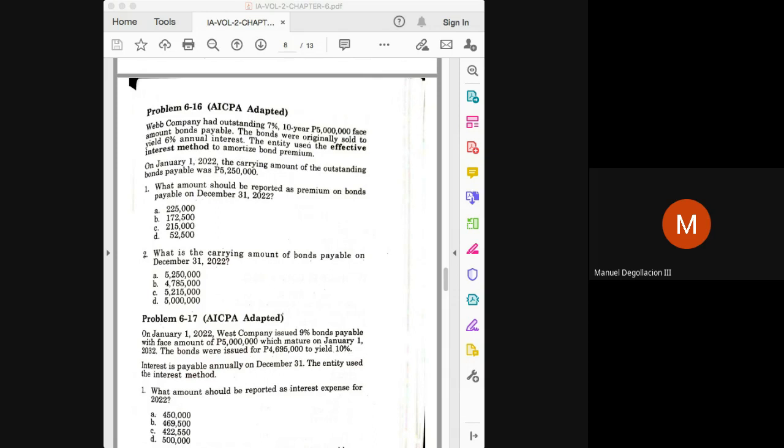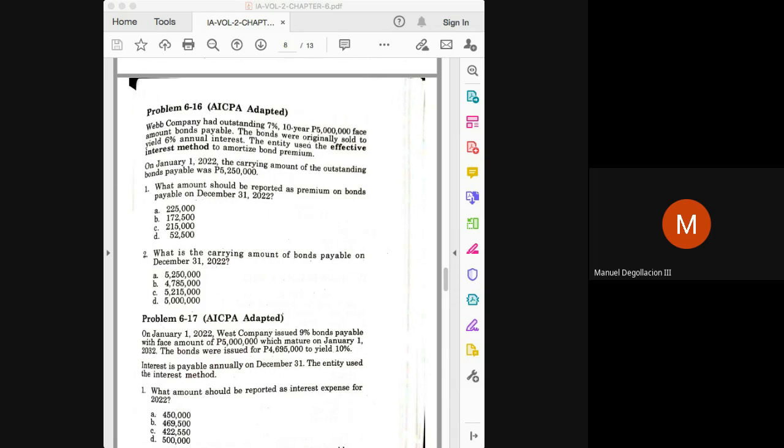So after the second amortization, the remaining balance of the premium would be 215 minus 37.1. The unamortized premium to be reported on December 31, 2023 would be 177,900.